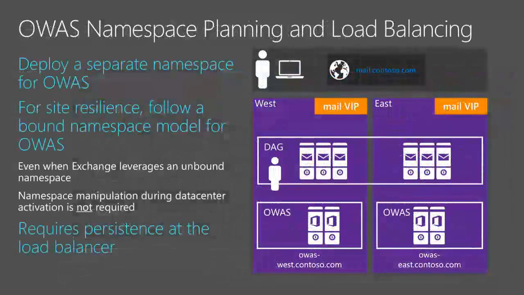Okay. Now, for namespace planning and load balancing of the Office web app server, that will always be the same. It's very, very easy because it's a static configuration. So even if you're using the unbound namespace model for Exchange, you're going to use the bound namespace model for the Office web app server. Put slightly different, we require an Office web app server in every Active Directory site where you deploy a mailbox server.